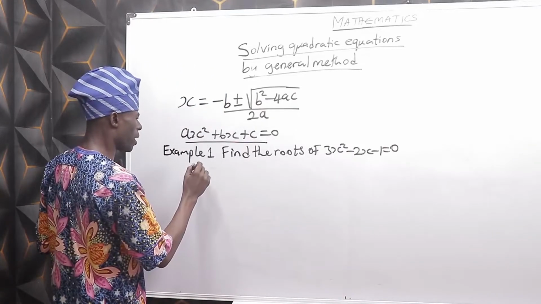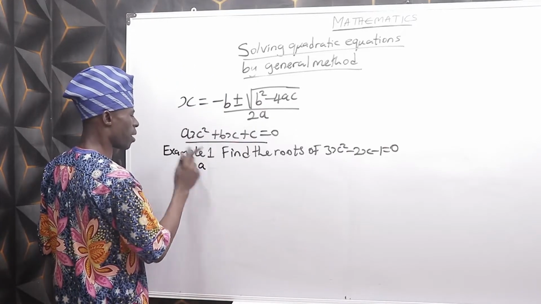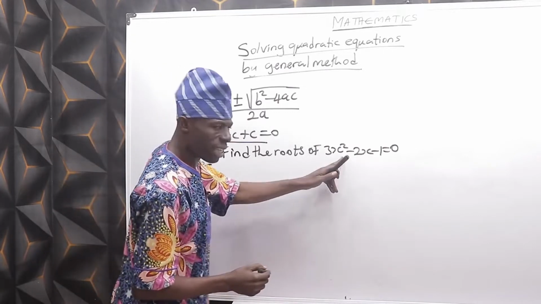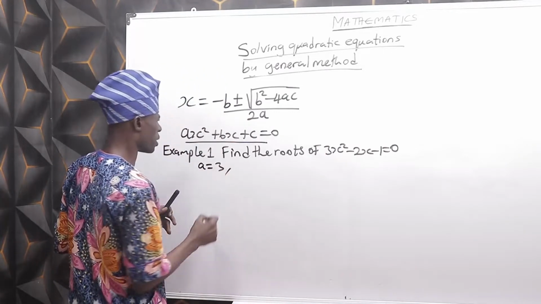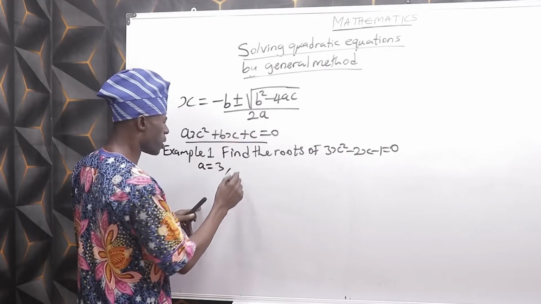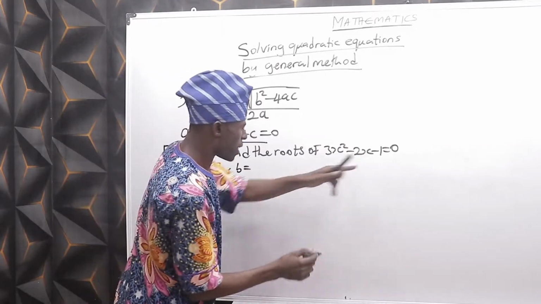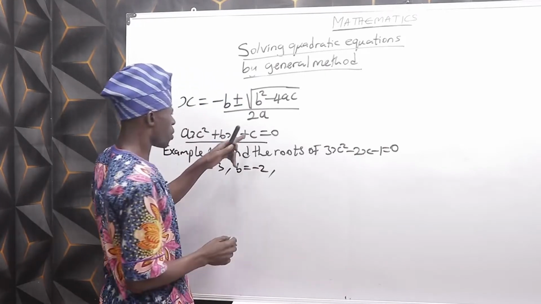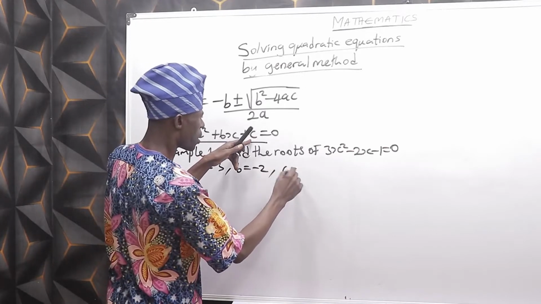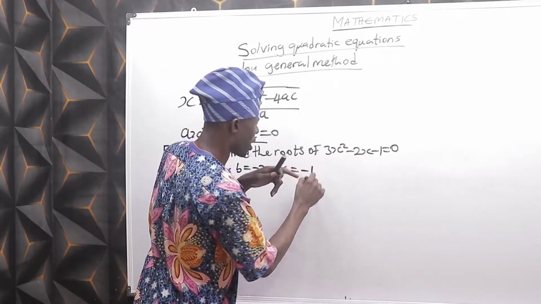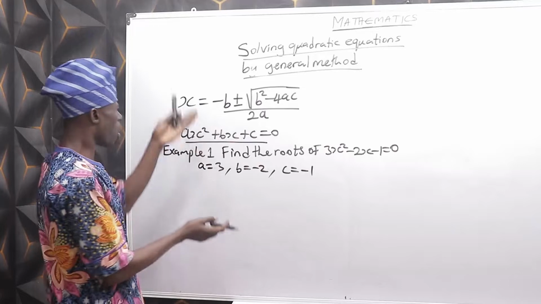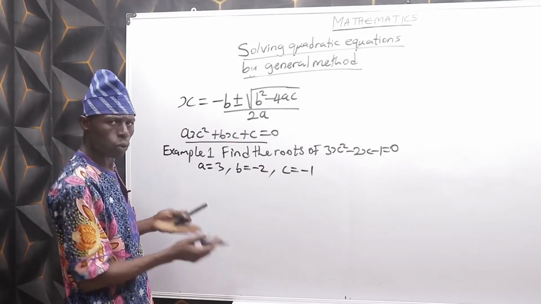The coefficient of x squared, which is a, is 3. A is equal to 3. Coefficient of x here is b, which is minus 2. Constant c is equal to minus 1. That's all. You now bring the formula down for use.